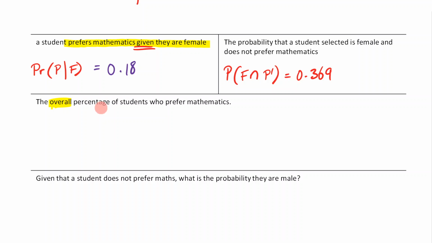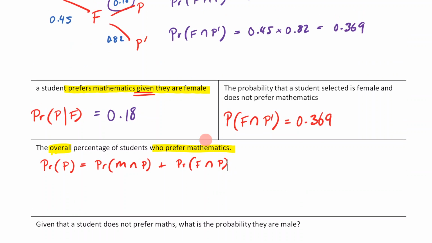The overall percentage of students who prefer mathematics. This is using our law of total probability. So my law of total probability tells me if I want to find the amount of people that prefer maths, what I'm going to do is add together the males intersection prefer maths plus the probability of the females intersection prefer maths. So I'll come up here and I'll find those numbers.